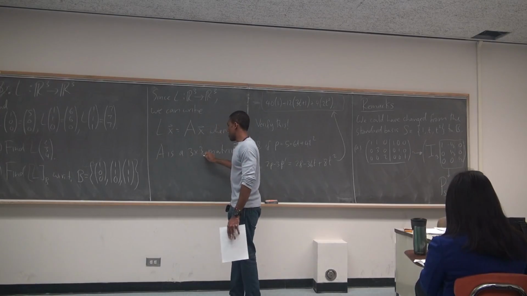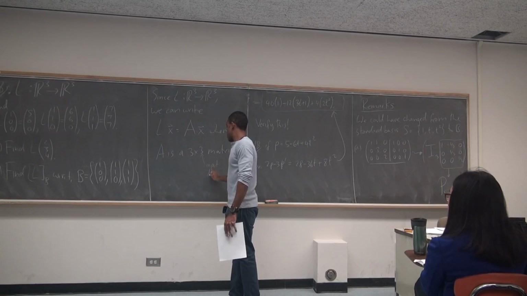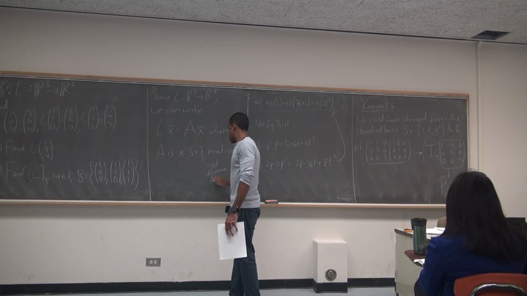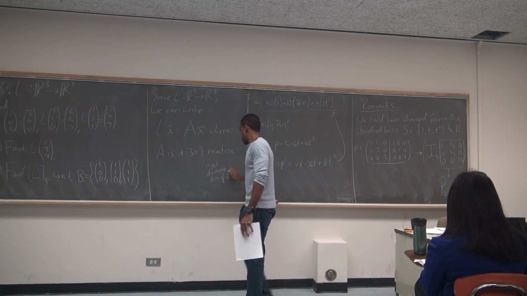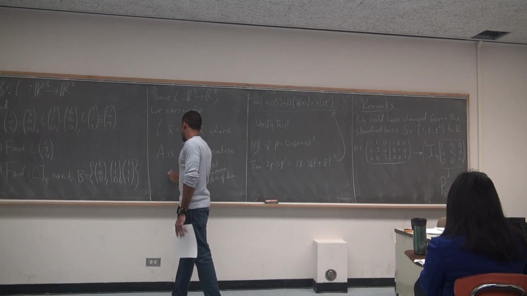Right? Remember, the number of columns gives you the input dimension. This is the dimension of the domain. And then this gives you the output dimension.